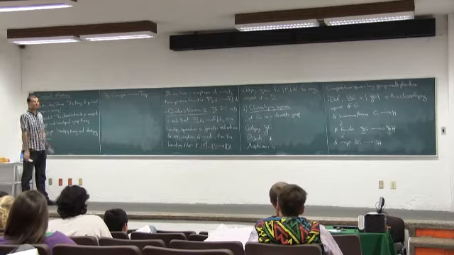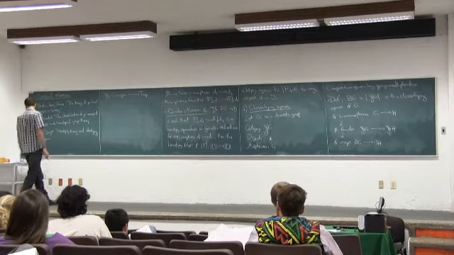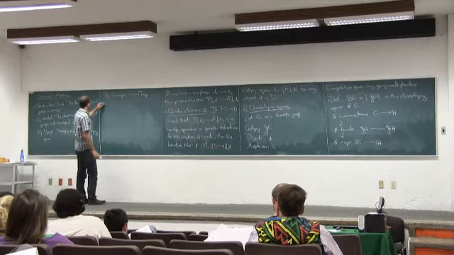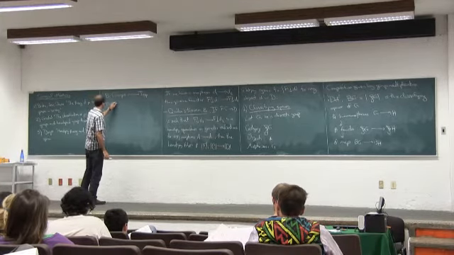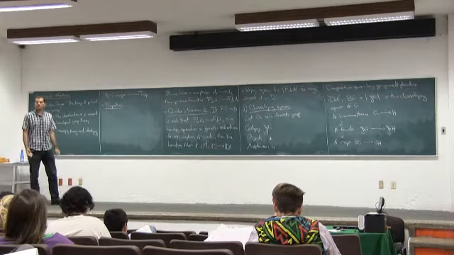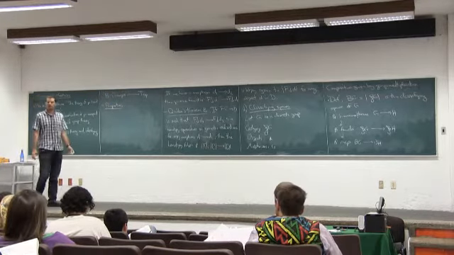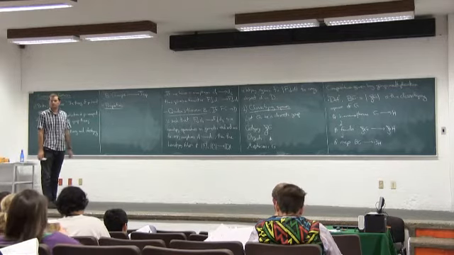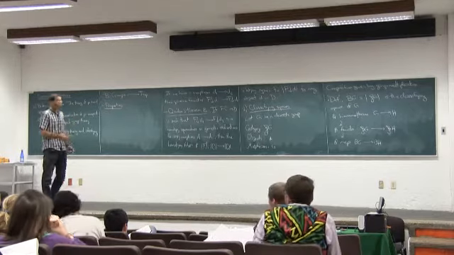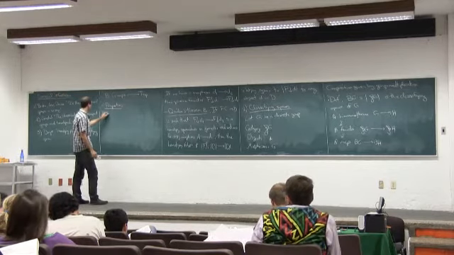Okay, so let's look at some of the properties of these functors. Let's look at some maps that really show up a lot. For example, if you have a subgroup of G, what is the map corresponding to the inclusion?